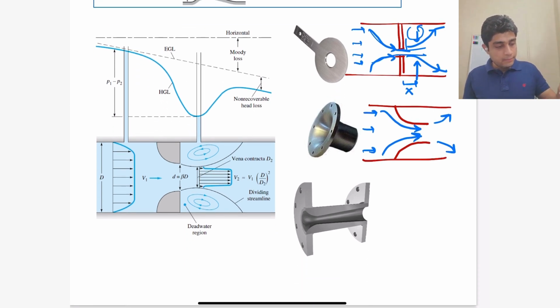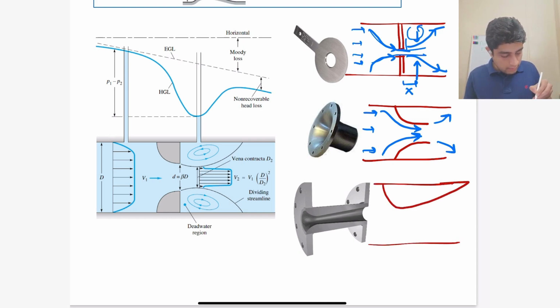But a Venturi nozzle basically solves all these problems. It gets rid of the vena contracta, as well as guides the fluid through a diffuser section so that it can expand smoothly. The basic geometry is a contraction initially, and then a diffuser section.